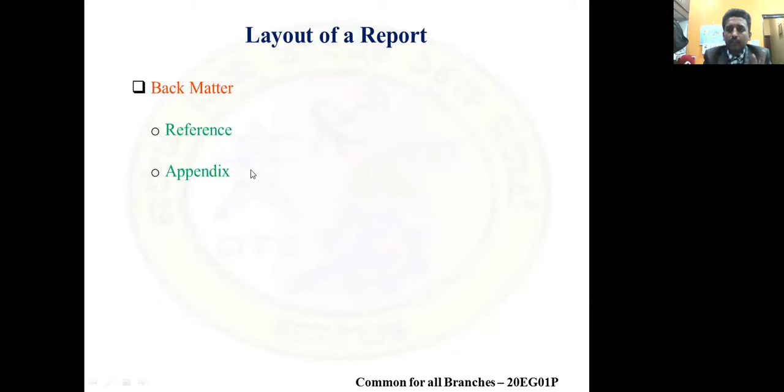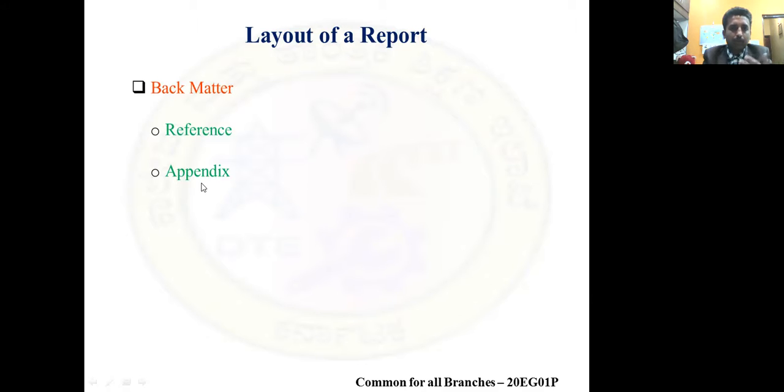This is why the reader, if he wishes to examine in detail the supporting or related evidence and documents, can visit the appendices. So this is the role of appendix in a report.